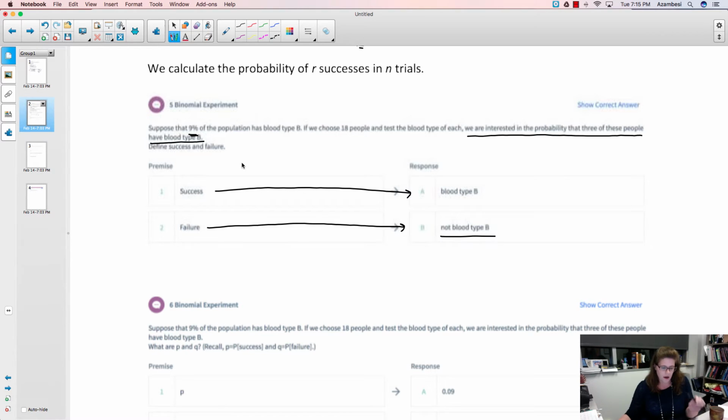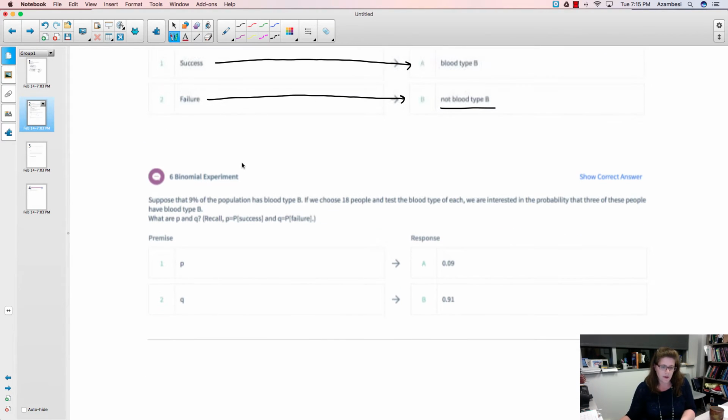So here our next question says, suppose that 9% of the population has blood type B. If we choose 18 people and test the blood type of each, same question, except now we want to know what P and Q are. So P is a success, Q would be considered a failure in probability. Now, I said that P would be either given or something that you can calculate. So this is given in the form of a relative frequency.